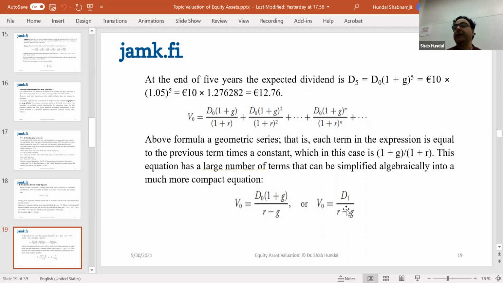And why does this formula become this one? Because if n becomes infinite, anything to the power of infinity is 0. So many terms disappear, and eventually you are left with this formula.